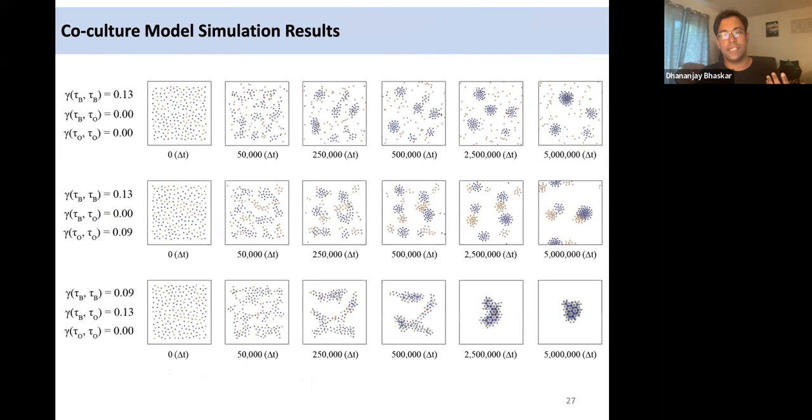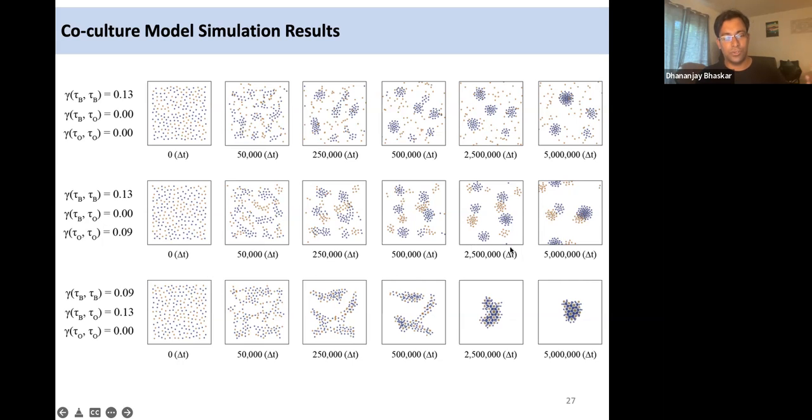When you simulate this now with these differential adhesions, what you find is, as expected, if blue-blue adhesion is high, but blue-orange adhesion is low and orange-orange adhesion is low, then blue cells form clusters and orange cells stay individually disseminated. If blue-blue adhesion is high, orange-orange adhesion is high, but blue-orange adhesion is low, then they both form separate clusters.